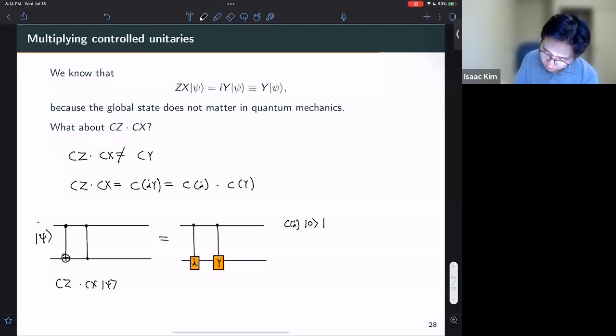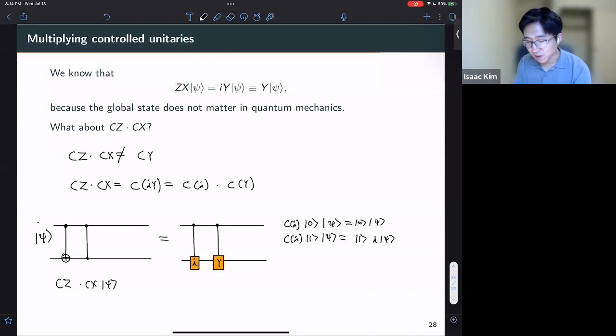Ci to 0 psi state is just 0 psi, because the control qubit is 0. So nothing happens. But in this case, you apply I to psi, but I is just a scalar. So this is just I times 1 psi.